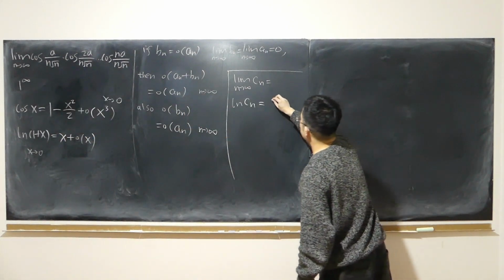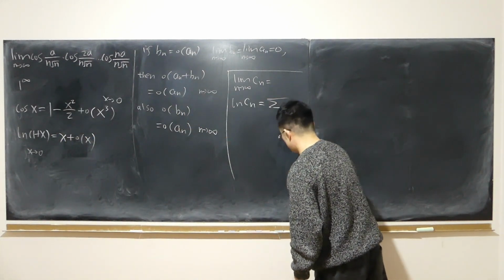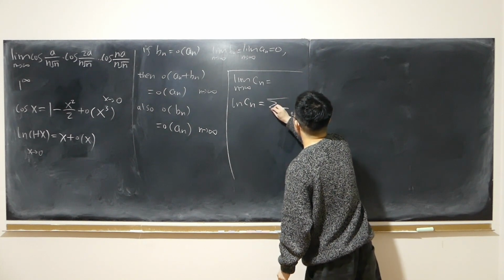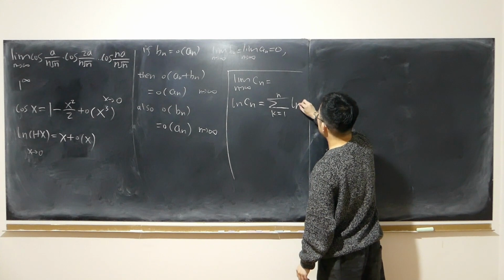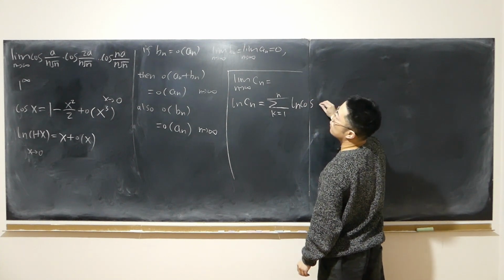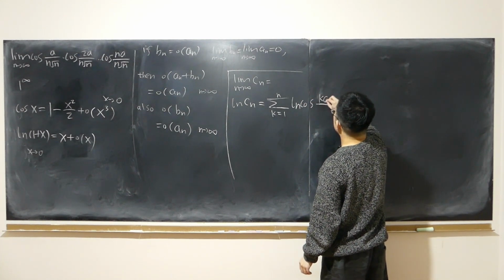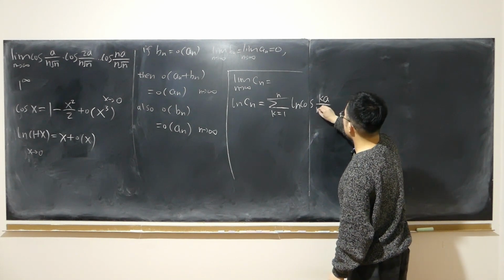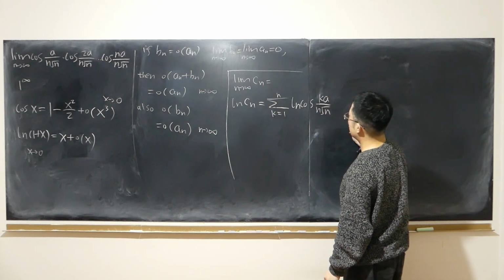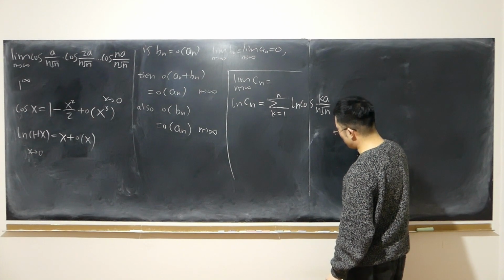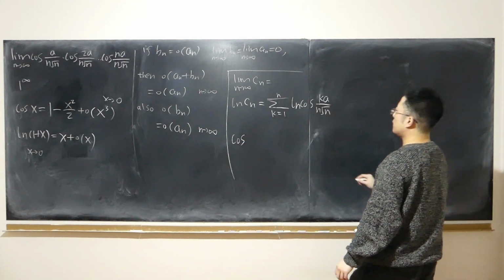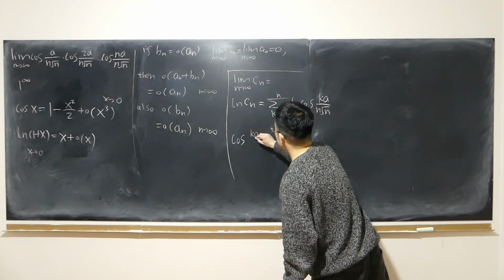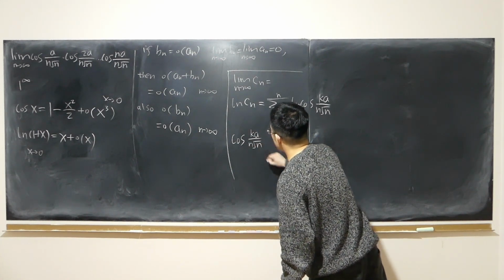So we have the sum, k from 1 to n, of log of cosine of ka over n times square root of n. Now I'm looking at cosine of ka over n times square root of n.